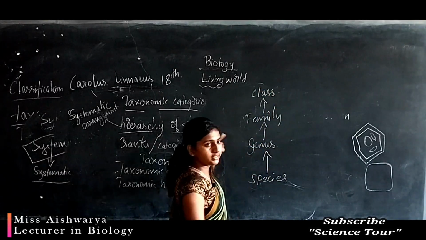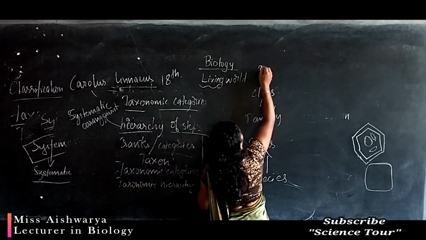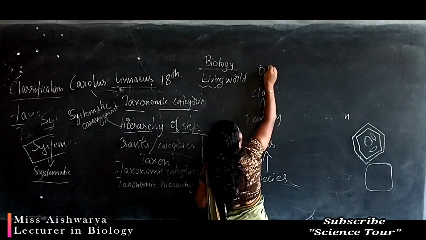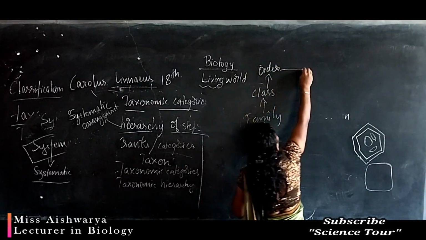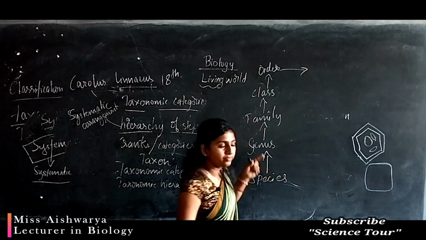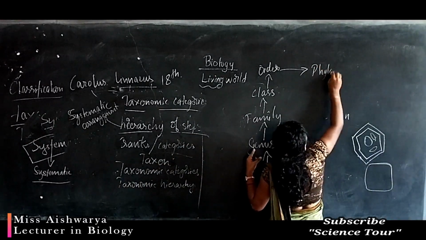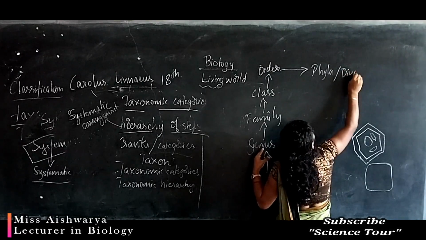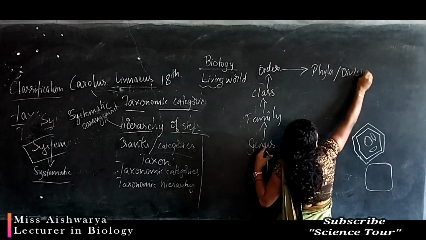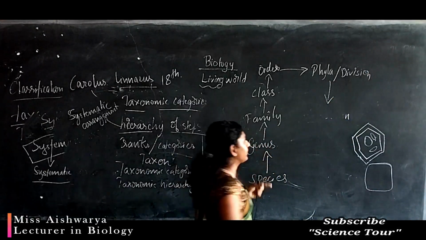After class there is an order. After order there is a phyla or division, and after division there is a kingdom.